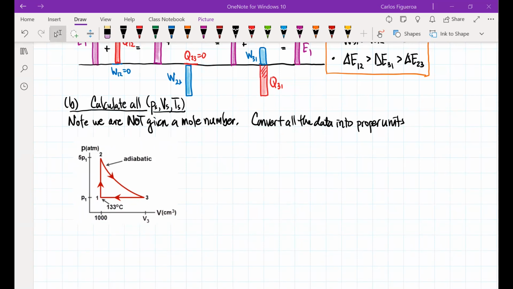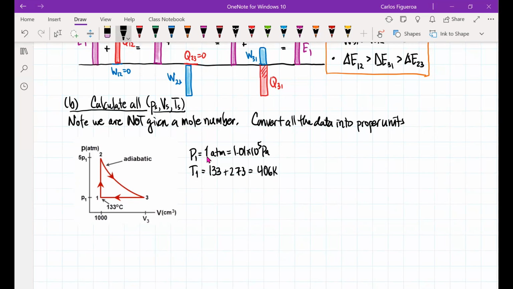So let's go look at what we have. The first thing that we see is that pressure P1 is atmospheric pressure. So I'm going to convert that to pascals immediately. Then look at the temperature T1. That's 133 degrees, but we immediately convert that into Kelvin, which then reads 406 K.